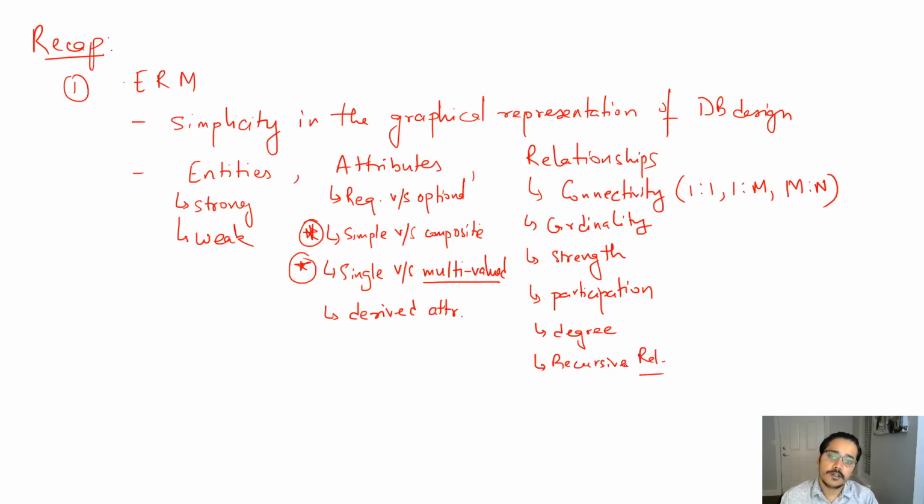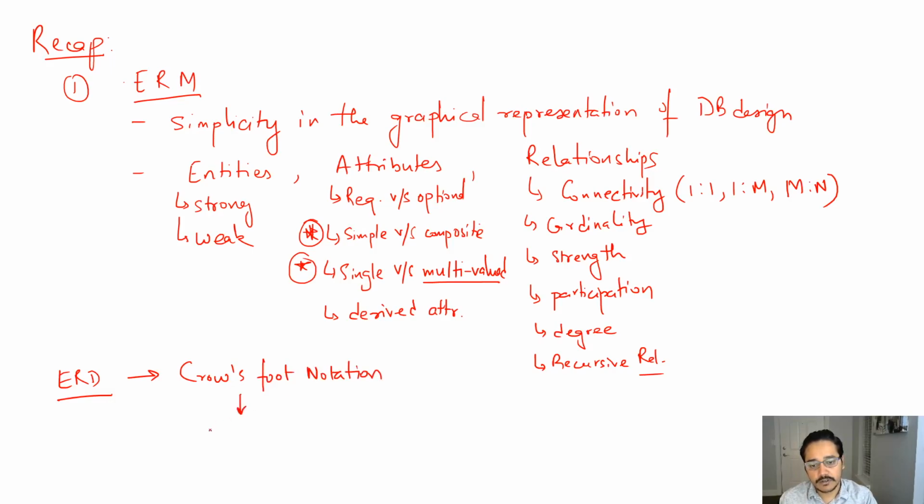Okay. So whenever you are coming up with your ER diagram, which basically is built on top of the ER model, right? And you represent that using crow's foot notation. Okay, and you are going to typically draw that by using the aid of tools like MySQL Workbench.